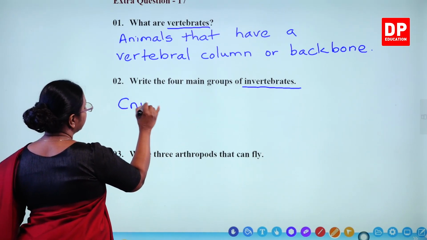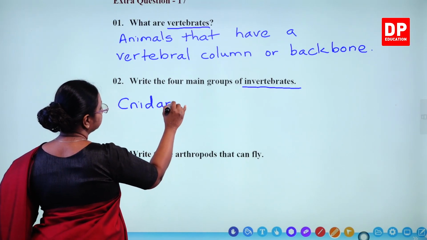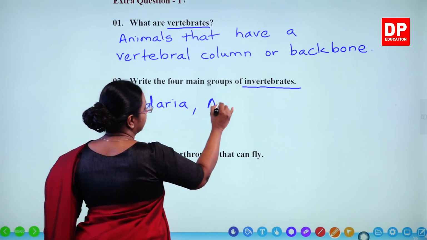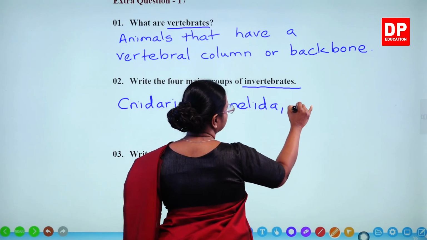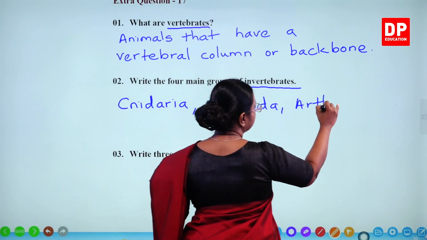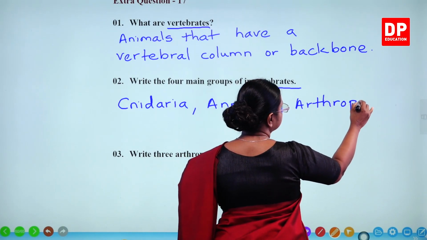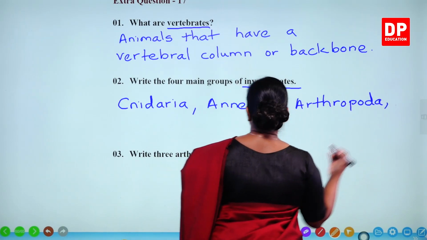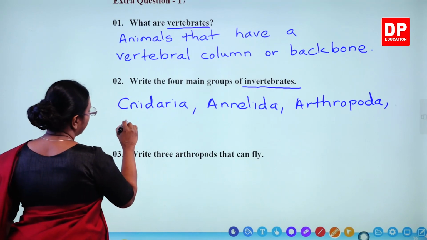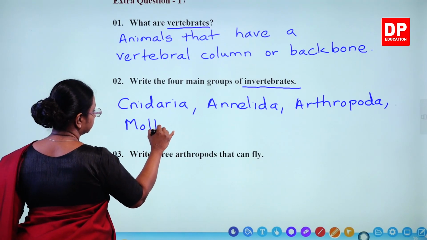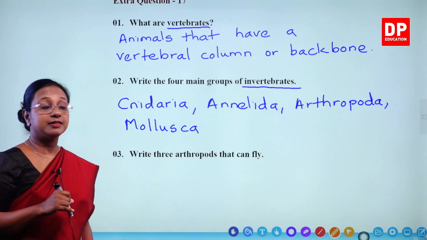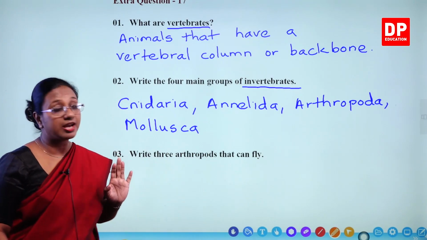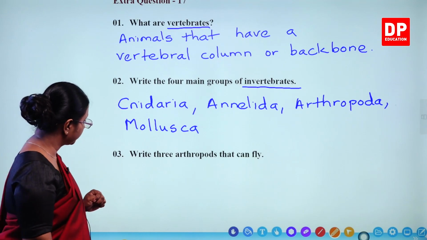You know them: Cnidaria, Annelida, Arthropoda, and Mollusca. Or you can write Mollusca and Arthropoda. Here they have asked you to write the 4 main groups.